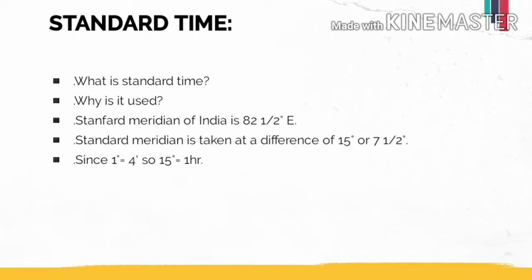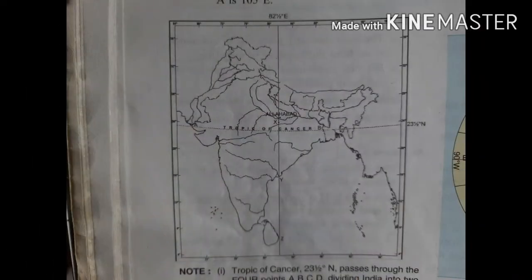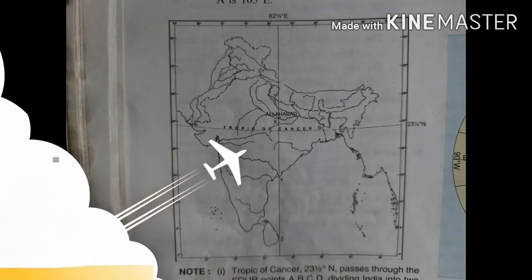Why? Because it passes approximately through the middle of India. If you look at the diagram, you'll see that it passes approximately through the center of India.